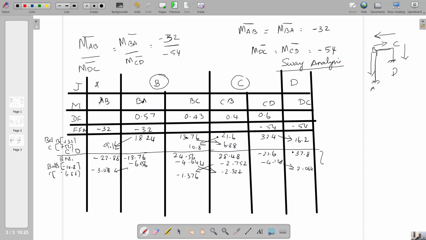So now you add these three rows to find the next level of moment values.